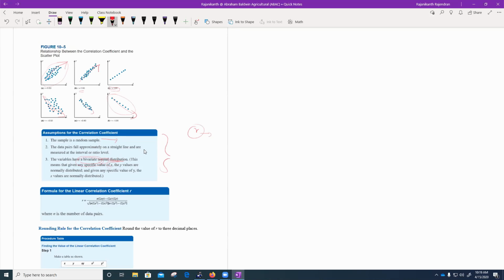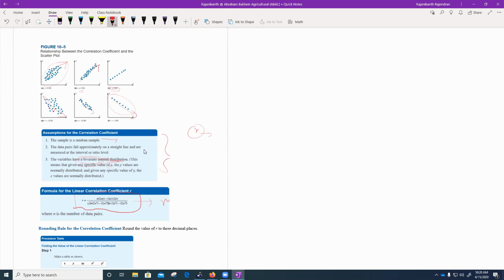Okay. So, look at this formula. This is the formula we use to calculate the sample correlation coefficient. Look at the formula, kind of complicated, right? What is x here? x is all the independent data values, and y is my dependent data values.